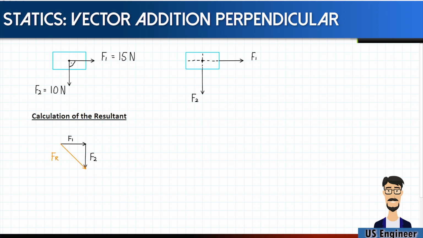By the way, the addition of force vectors is commutative, meaning that the order in which you add the force vectors doesn't really matter for the resultant force vector. In other words, whether you add F1 plus F2 or F2 plus F1 will not impact the direction and the magnitude of the resultant force vector. Let me demonstrate it quickly. So I'm going to start with F2 and I'm going to add F1 to it using the same rules as I have outlined before.